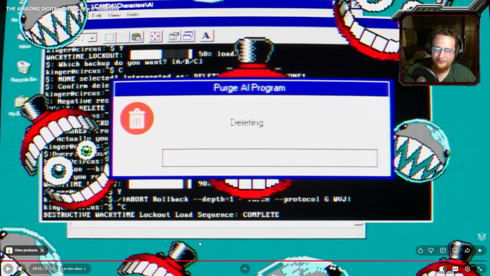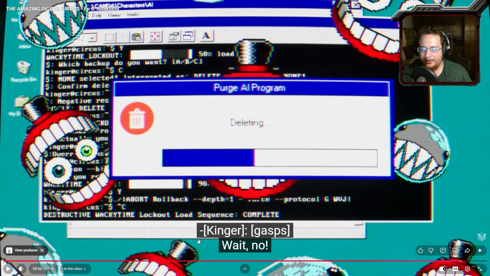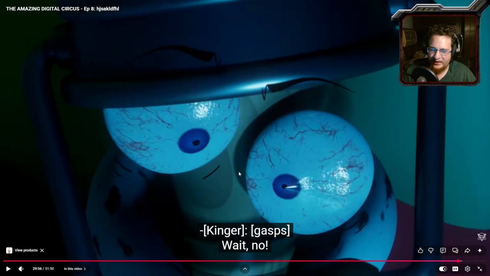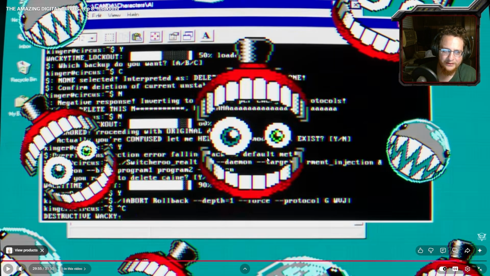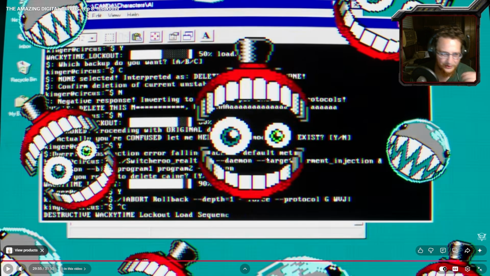There's a lot of interesting stuff that happens here, but then it moves him to deletion. And Kinger is like, oh crap, because Kinger was trying to get it to stop, but it kept reverting back. He was trying to abort it. You can see it at the bottom here.